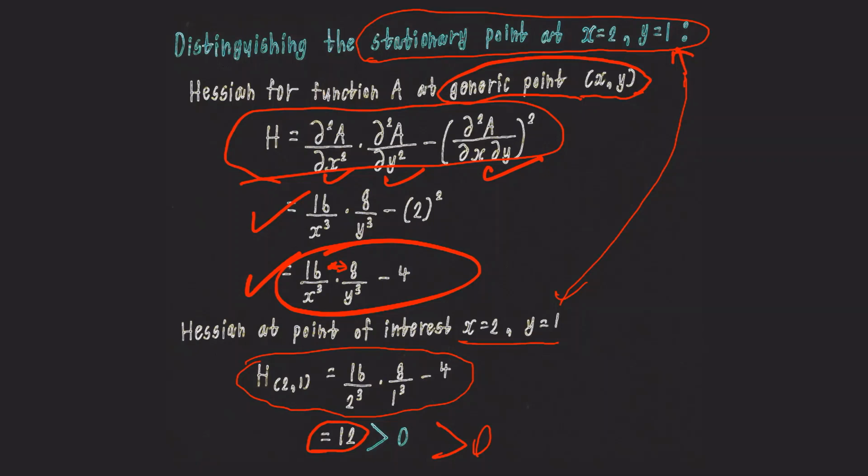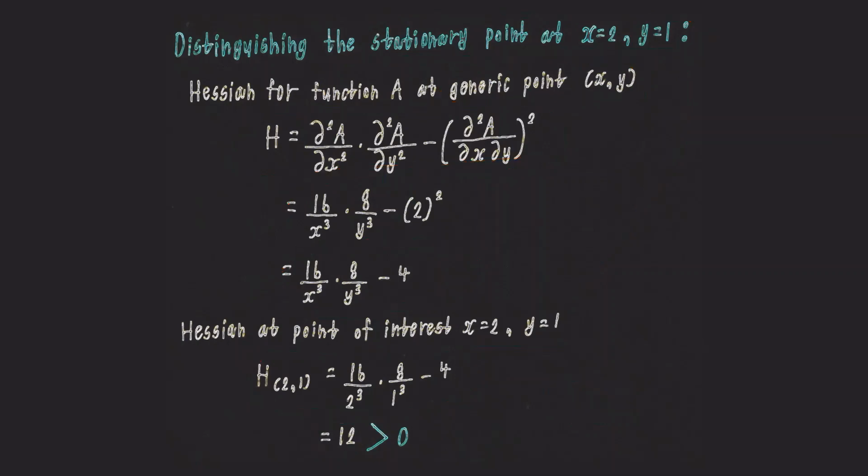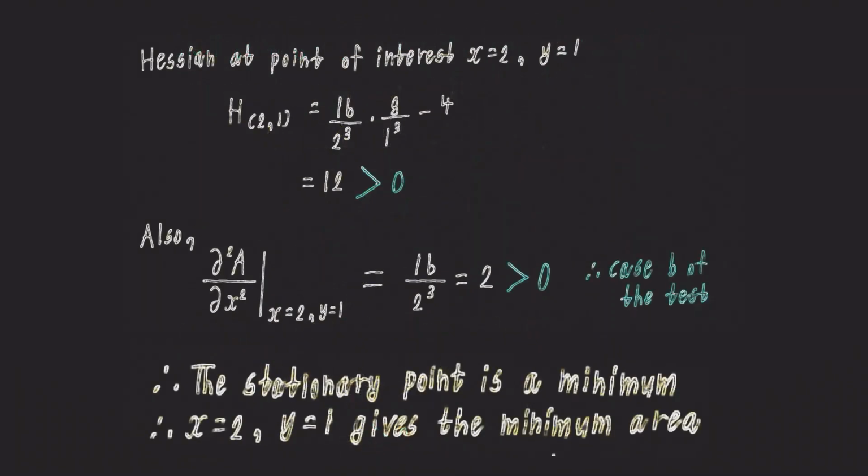So that pretty much means it's either case A or case B. If you remember properly, the cases A and B will be different depending on the value of a certain derivative. For both case A and case B, the Hessian will be greater than 0, but it depends on a particular derivative. And so again, the Hessian is greater than 0, so that's all right.